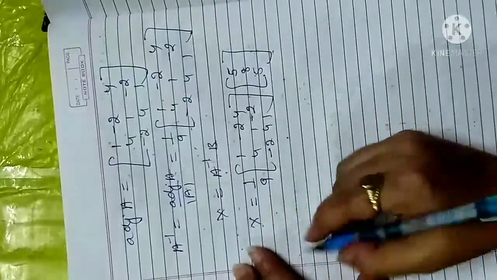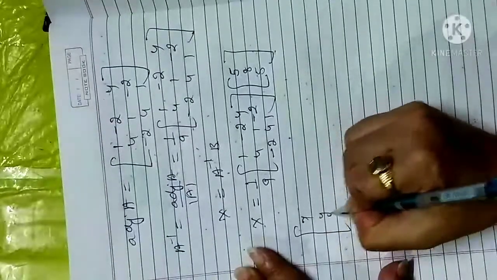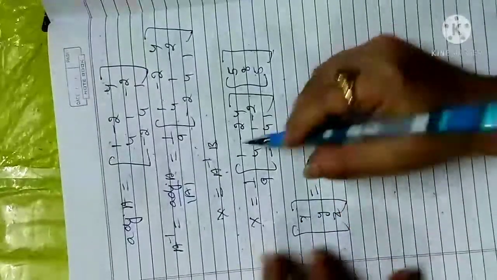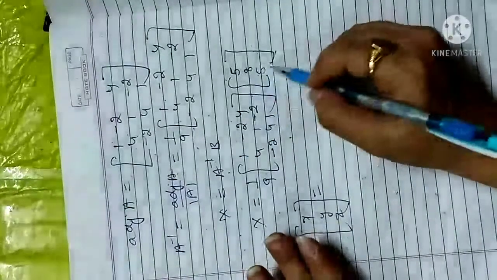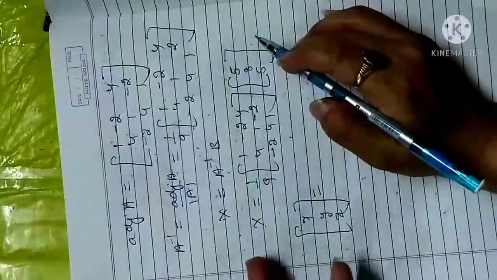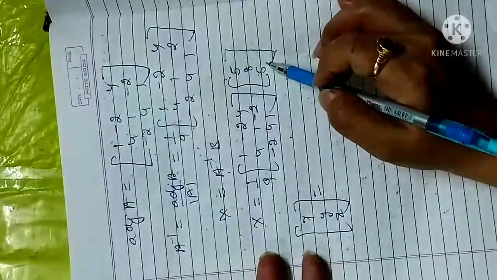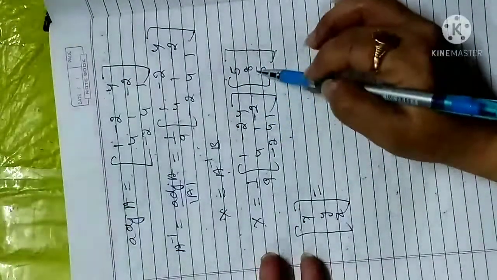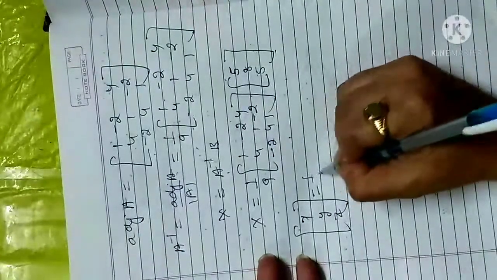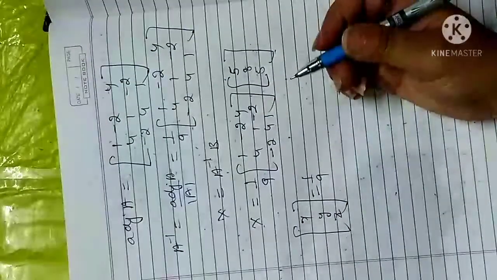In place of X I replace with x, y, z, and here I can divide by 9 later, because the denominator will be the same. When you multiply, it is better to multiply this first and then divide by 9, so it will be easier for my calculation.